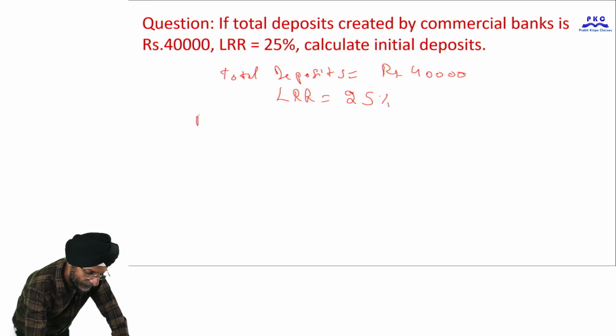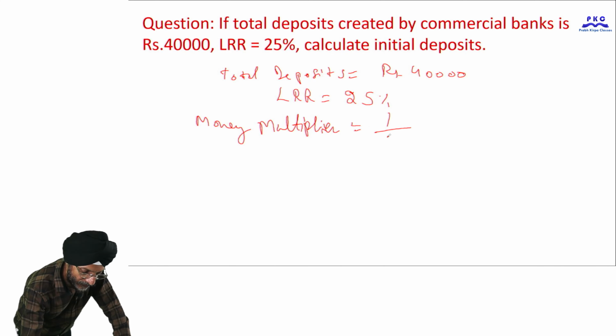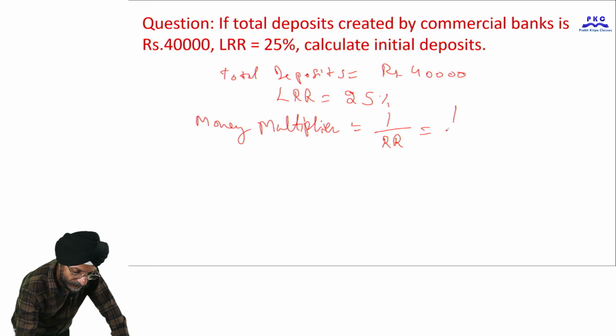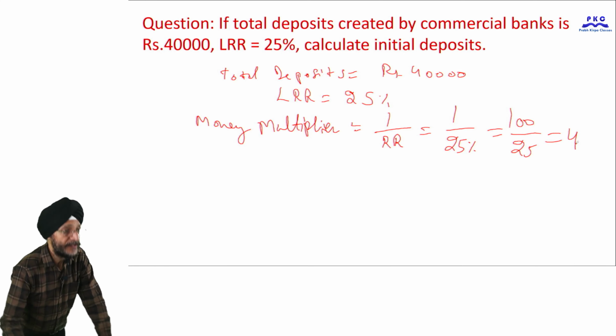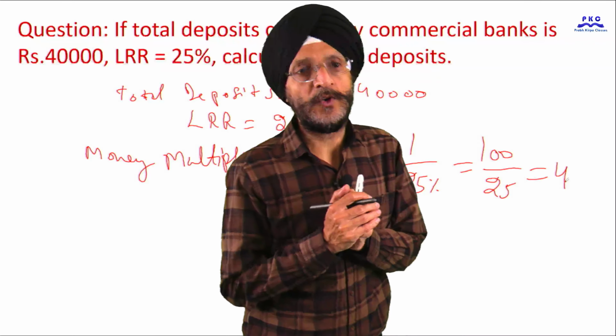So here we know that the formula of money multiplier is equal to 1 over reserve ratio. Here 1 over 25%, in other words 100 over 25, and the money multiplier comes to 4 in this question.